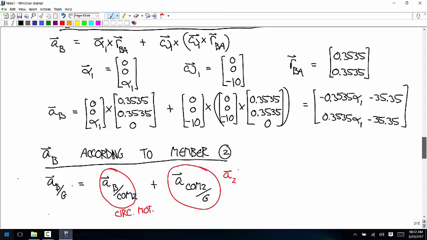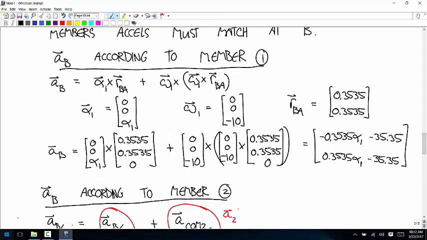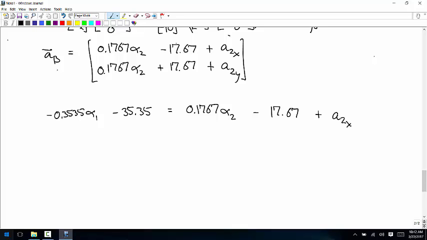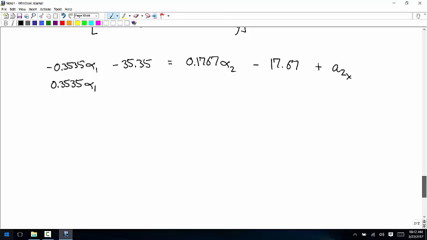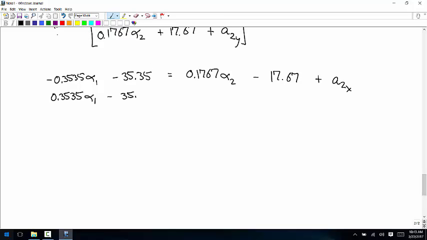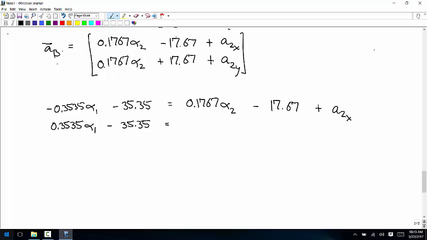And the second equation says positive 0.3535 alpha 1 minus 35.35 is equal to positive 0.1767 alpha 2 plus 17.67 plus A2y.